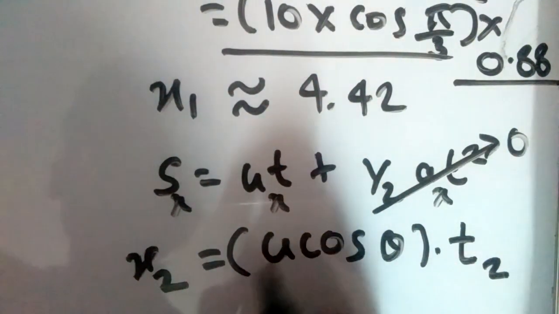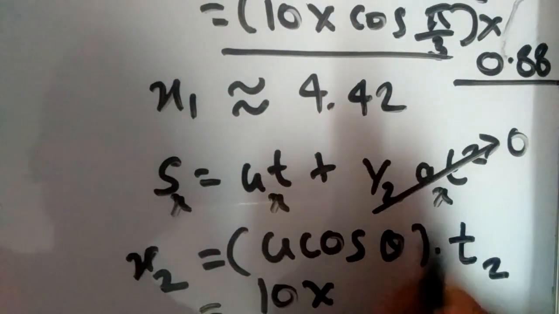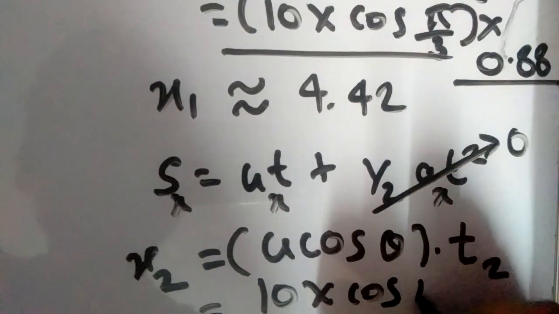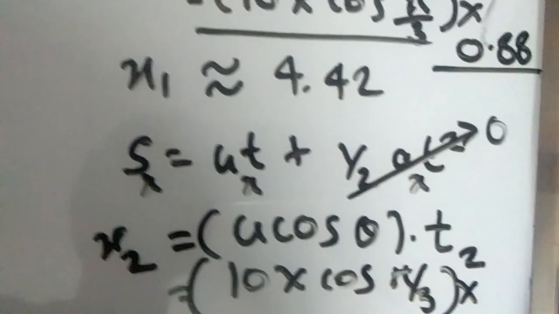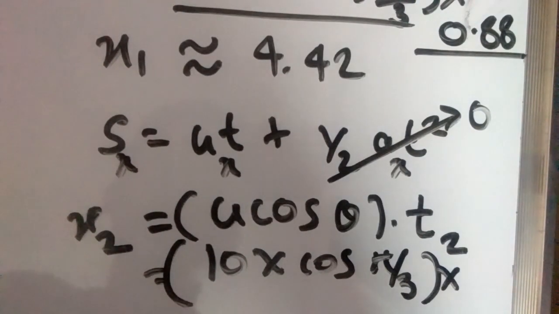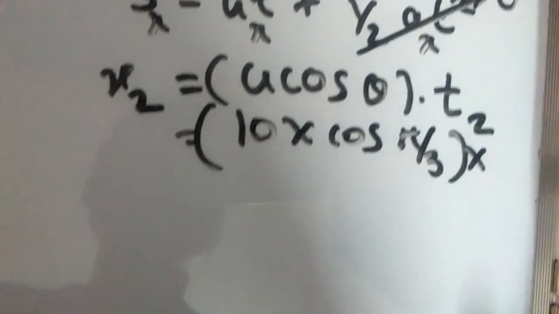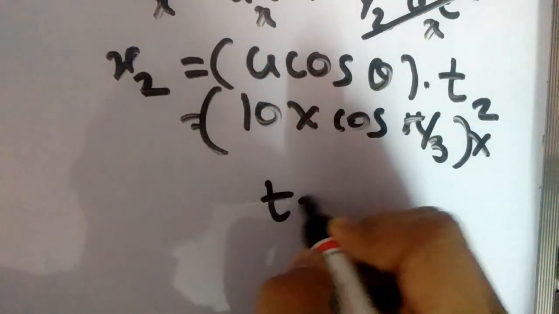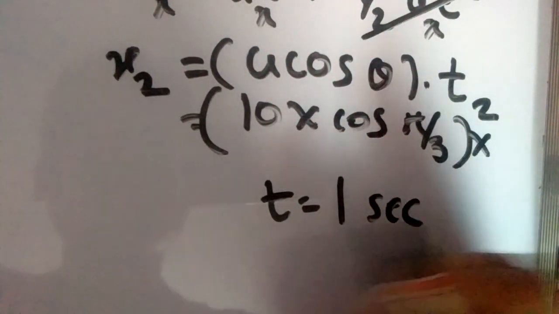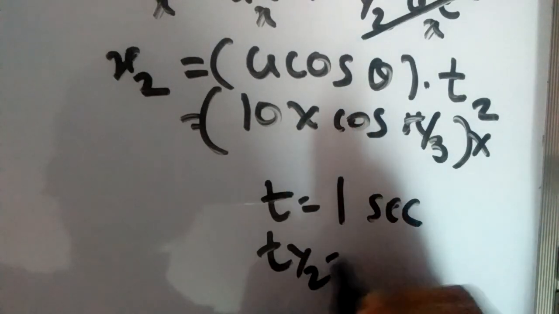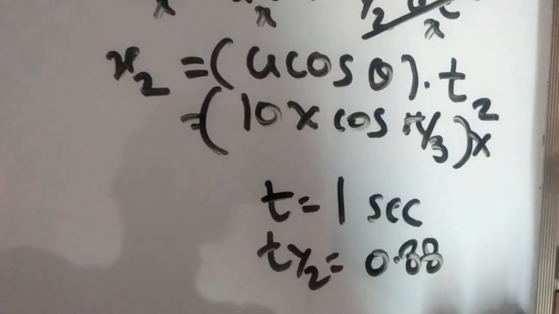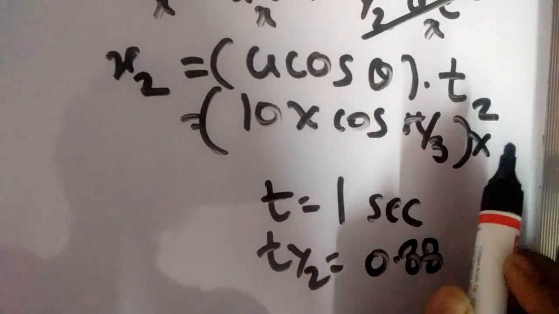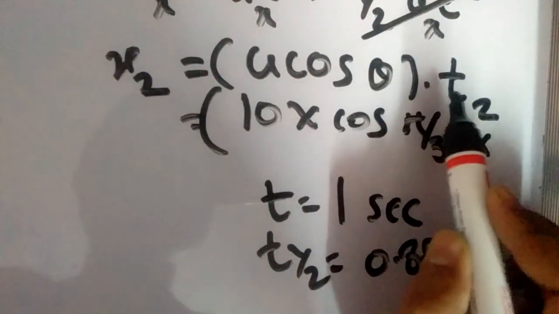Here u is 10, cos of pi by 3. The value of t is 1 second and t half is 0.88. Now we want to calculate t2.